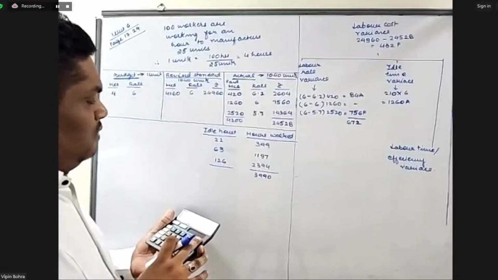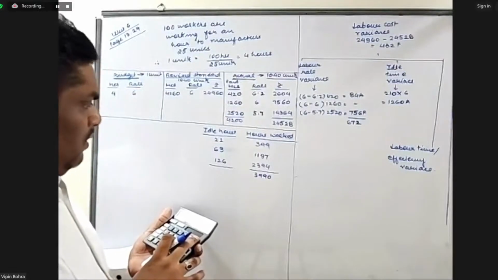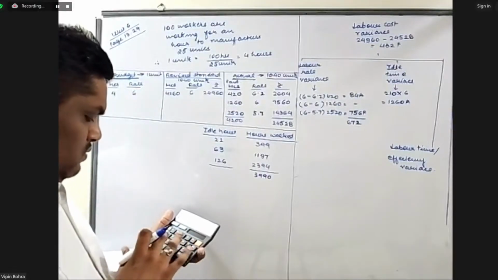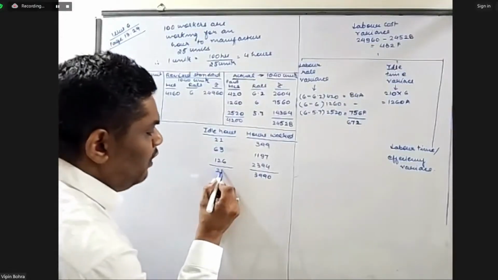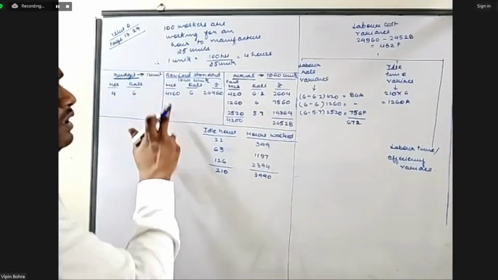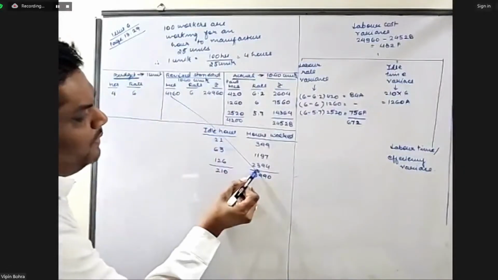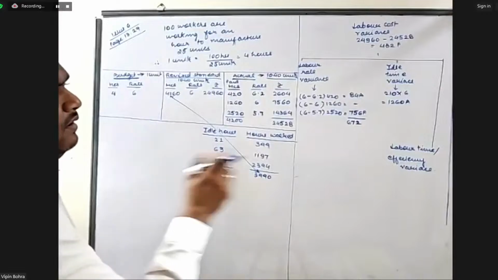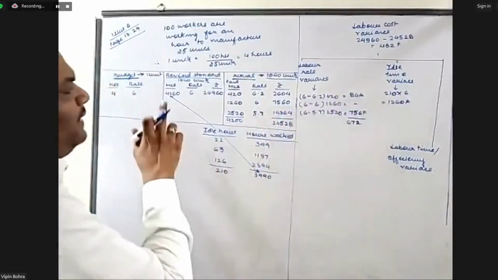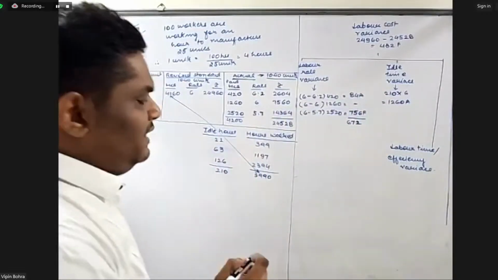So I have already removed the effect of idle hours. So now this figure will play an important role. We'll be comparing this figure with this figure because I have considered idle time here only. So 4160 minus 3990.